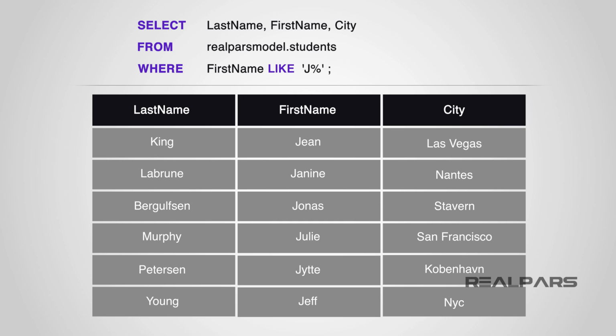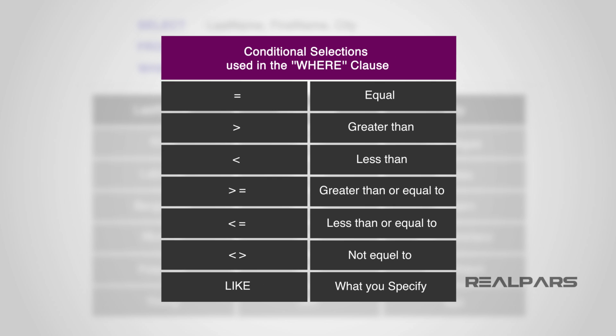Look at this SQL programming example. The where clause is optional and specifies which data values or rows will be returned or displayed, based on the criteria described after the keyword where. Conditional selections used in the where clause are equal, greater than, less than, greater than or equal to, less than or equal to, not equal to, and like.